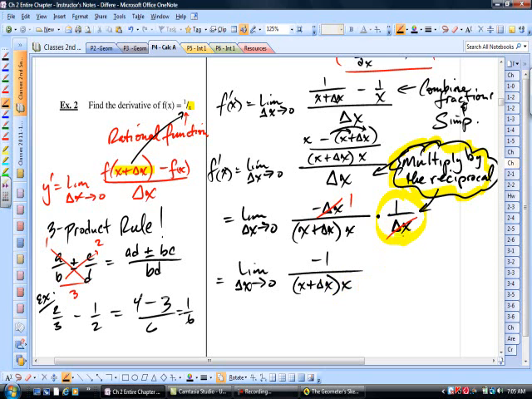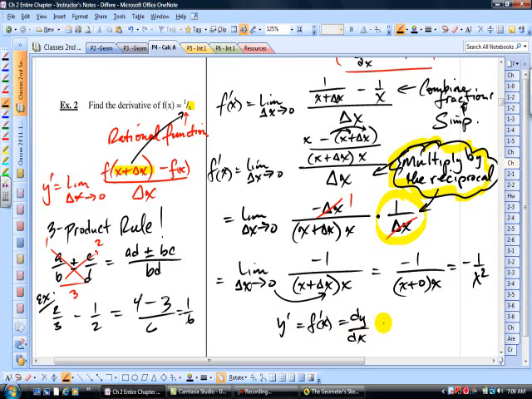These delta x's canceled out earlier. Now I substitute it in, and I get -1 divided by x plus 0 times x, which gives me -1 over x squared. And so y prime, or f prime of x, or dy dx, is equal to -1 over x squared.